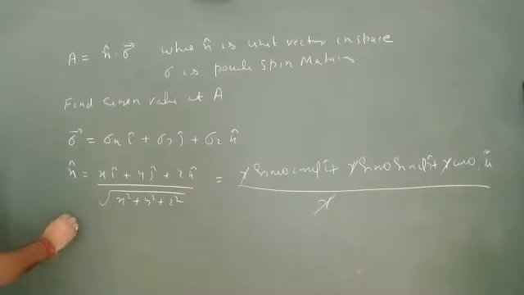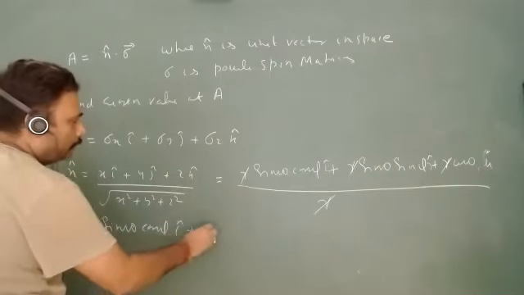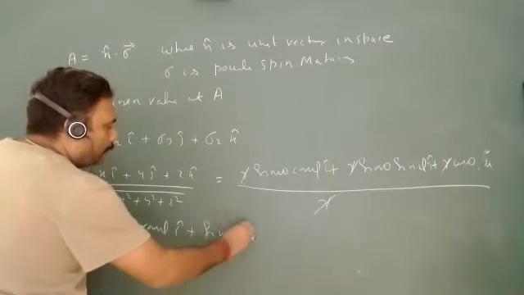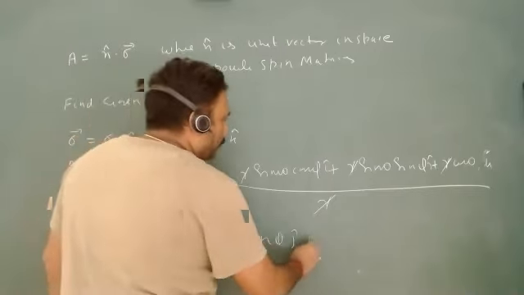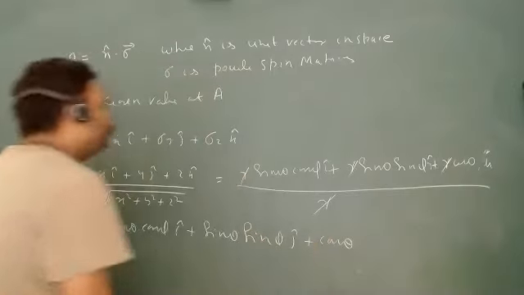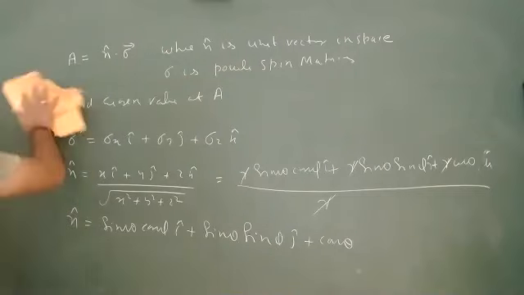So what is n cap? n cap is sine theta cos phi i cap plus sine theta sine phi j cap plus cos theta k cap. Now we will do the dot product of this.